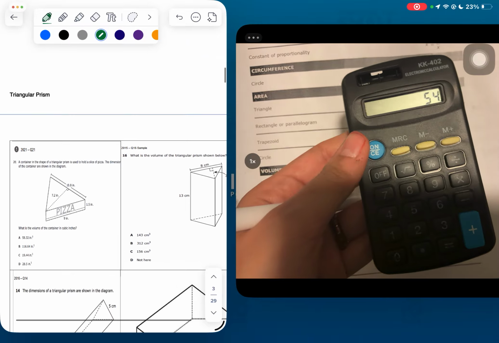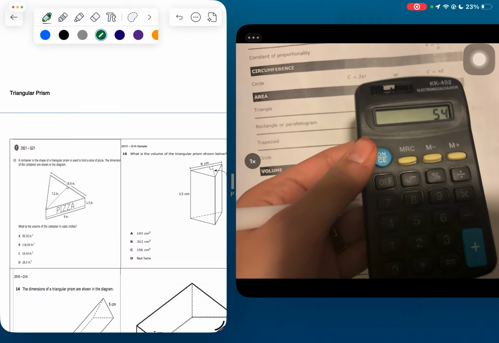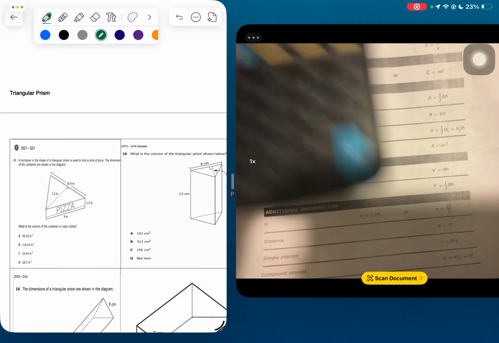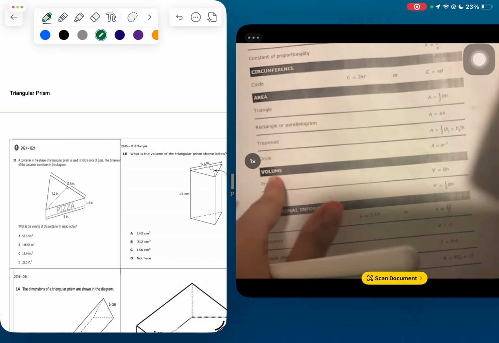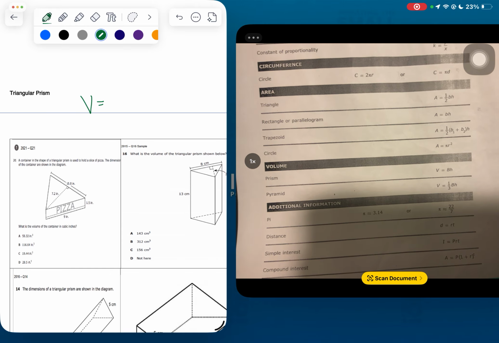Now, triangular prism, it's going to be very, very similar with an extra step. Because again, this is still a prism, we're still multiplying capital B times H. And I want to highlight that capital B means area of the base times the height of the prism.